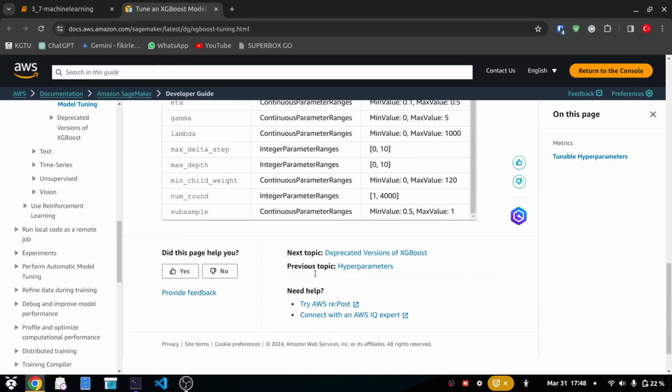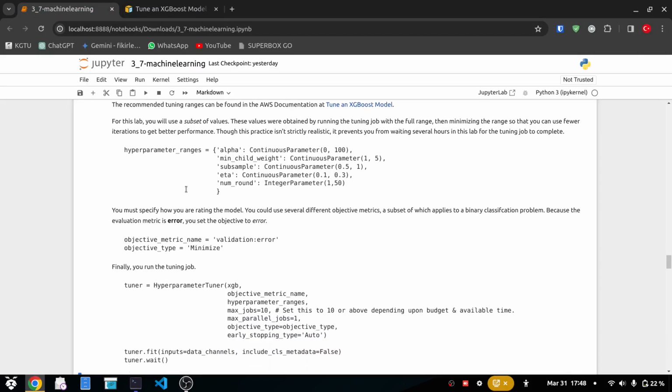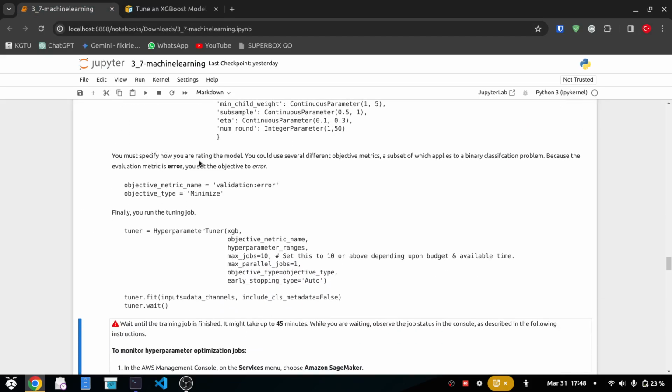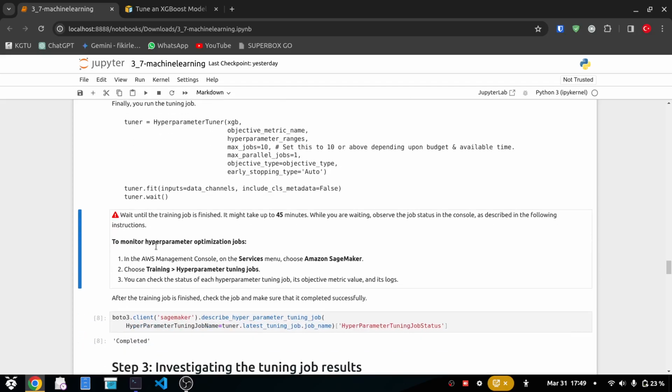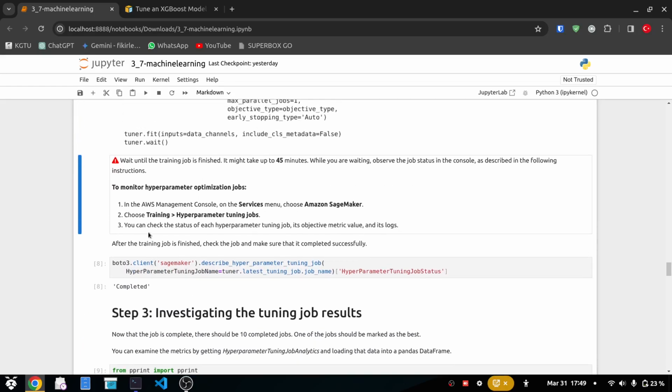We have also visited this page. So let's continue. You must specify how you are rating the model. You could use several different objective metrics, a subset of which applies to a binary classification problem. Because the evaluation metric is error, you set the objective to error. Okay. Finally, you run the hyperparameter tuning job, and we have also explained these.